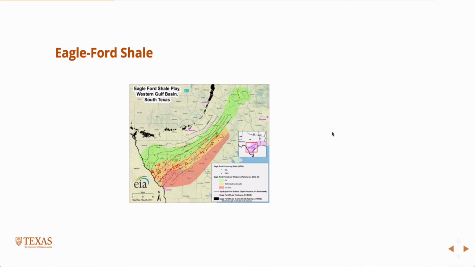Of course it does. That was a lame joke. But if you go back to those lights, all the activity stops, and so there is a lot of interest in the Eagle Ford, which does continue into Mexico. And there is a lot of interest in trying to bring that area into production as well.